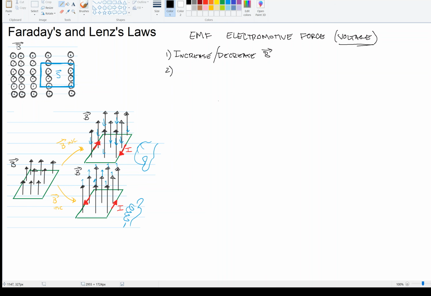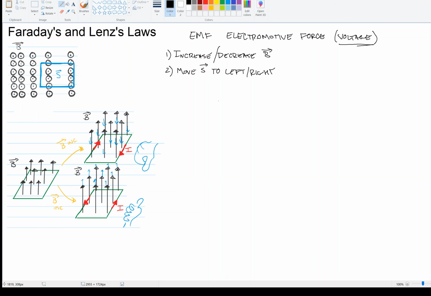The second way we can change the flux is we can move S to the left or to the right. If I move it to the left, then since the magnetic field increases, the flux will increase as well, so there will be a change in flux.